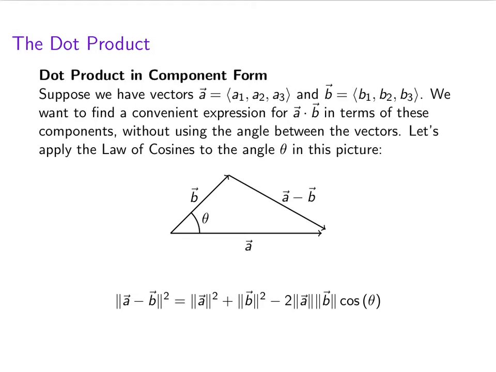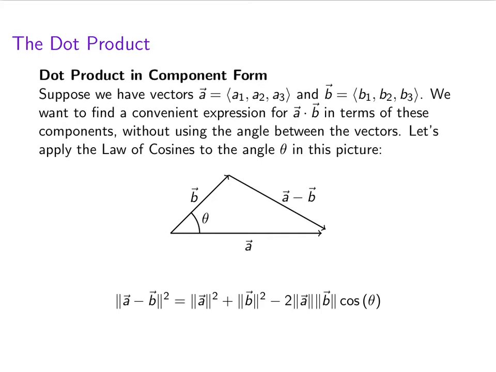So the law of cosines, as applied to angle theta, will tell us that the length of the opposite side, which is A minus B, if we square that length, that will be equal to the sum of the squares of the lengths next to theta, so that's length of A squared, length of B squared, minus 2 times the length of A, length of B, cosine theta.